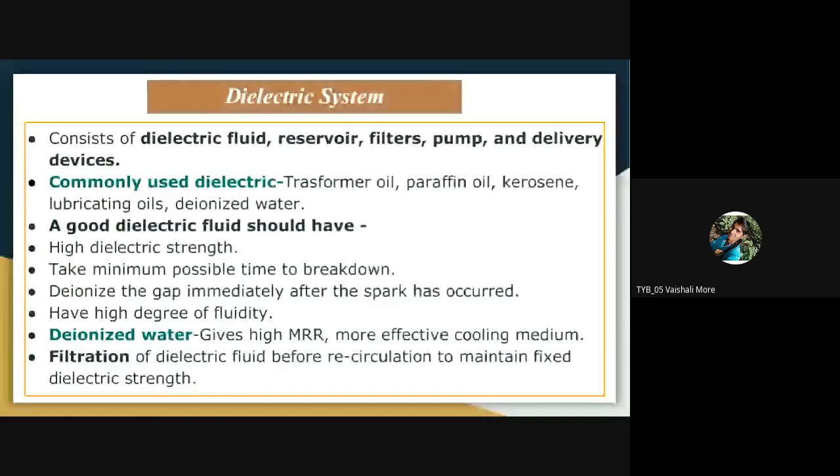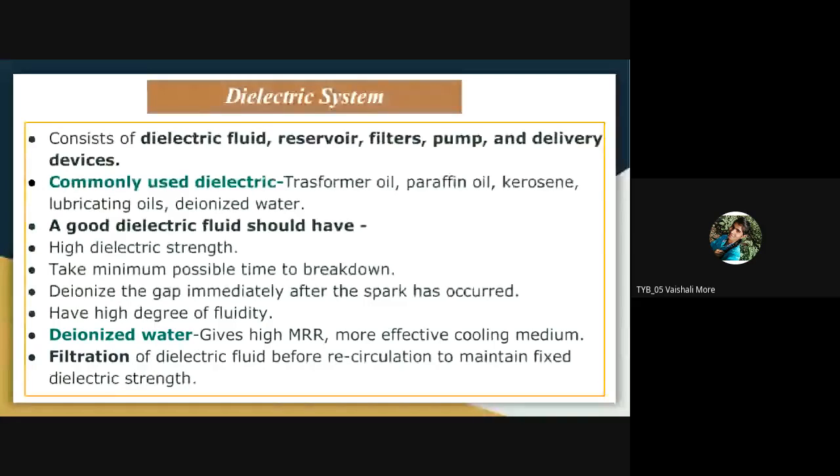Now I will explain about this also. Two important properties of the dielectric fluid are, one is the high dielectric strength, and the second is it should remain non-conductive with very high voltage as well as high potential difference.